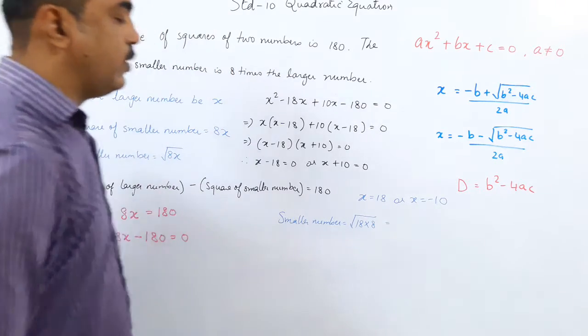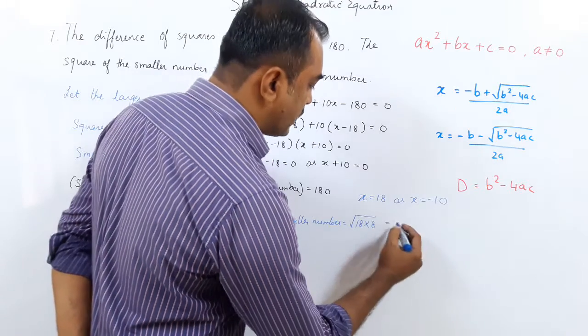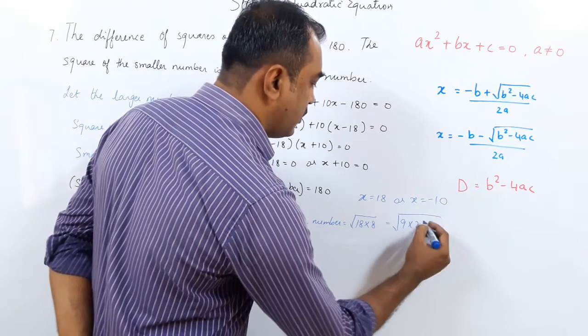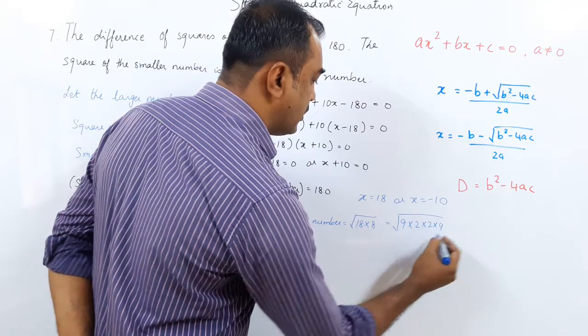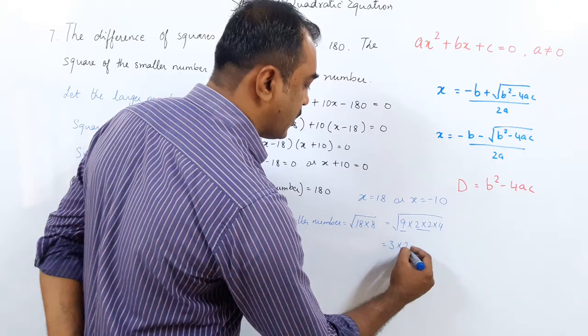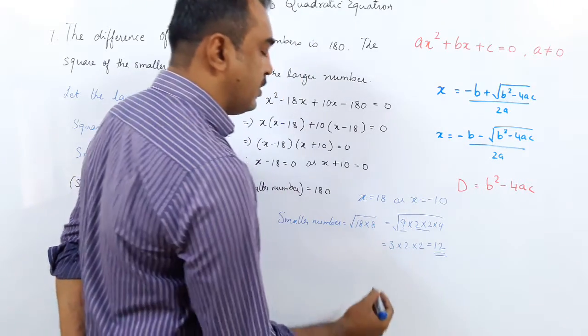How much is 18 into 8? So we'll find the square root by splitting the terms. 18 is 9 twos are, 8 is 2 fours are. So the square root of 9 is 3. 2 and 2 pair up, so 2 and 4 is... 2. So I get the answer 12.